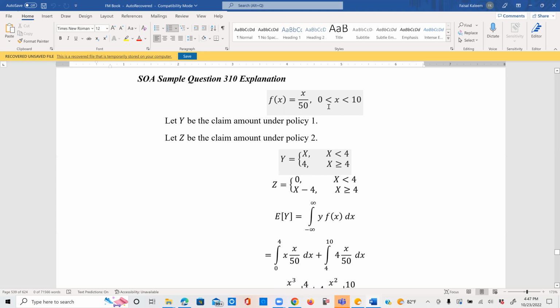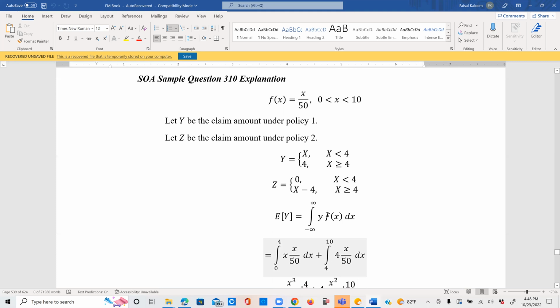So negative infinity to 4 would practically be 0 to 4, because the other part would just be 0. And the PDF in that range is x over 50. Plus, similarly, the greater than or equal to 4 part is ideally from 4 to infinity, but since x ends at 10, it would just be 4 to 10.